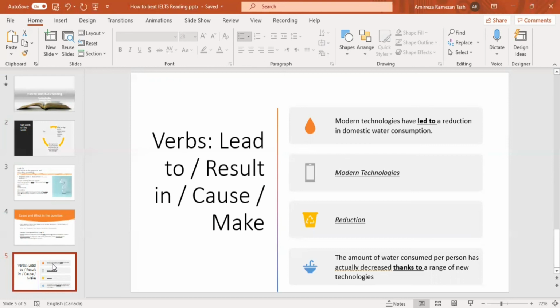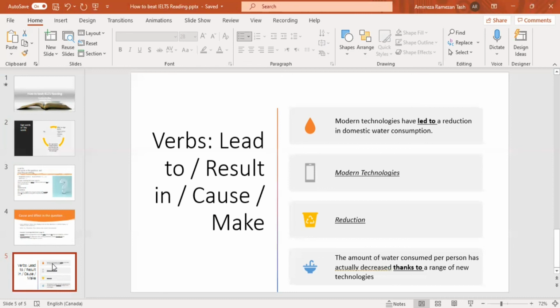I repeat, the idea of reduction in water consumption, not just looking for one word such as reduction or a synonym for reduction. We look for an idea. It is very important when you're doing true or false questions not just to look for one word, but to look for the idea of that word or expression.